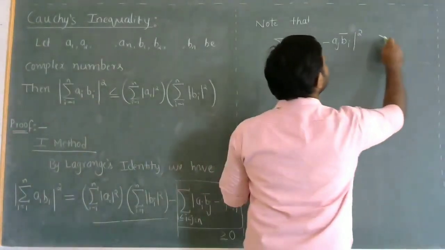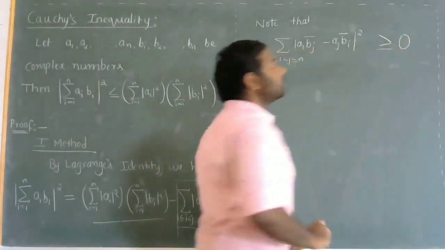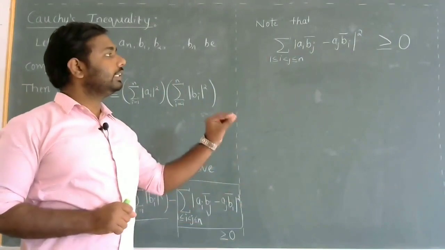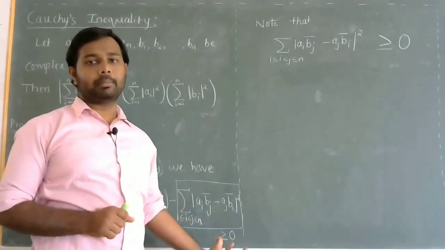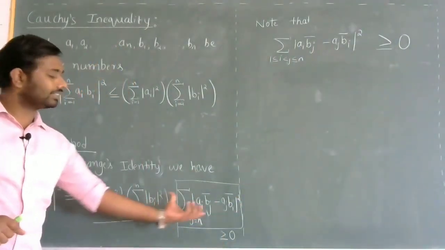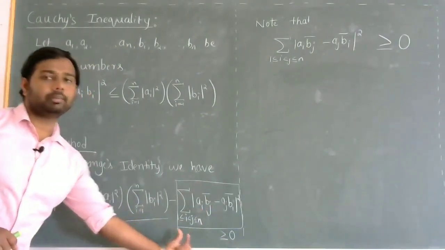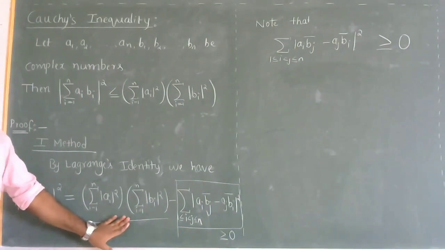You can observe that this summation is greater than or equal to 0. It is a non-negative quantity, either 0 or a positive number. So if you are subtracting a non-negative number from the given number, then the difference will be obviously less than or equal to the original number.